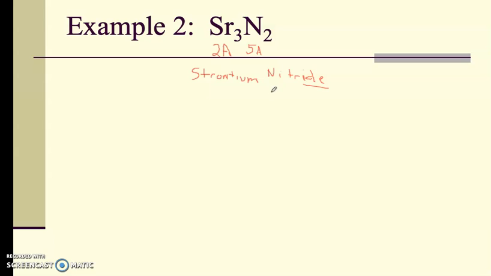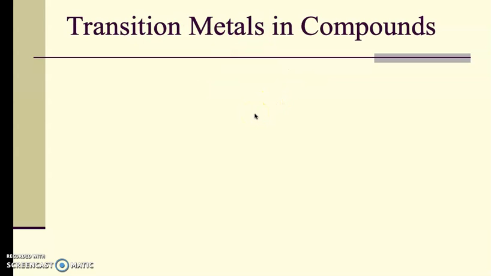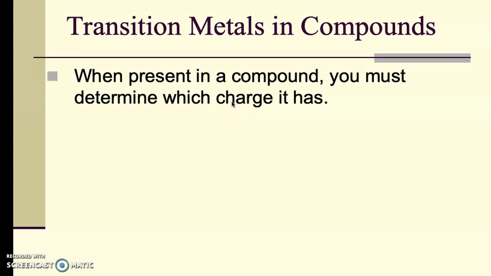Now let's look at another example, but we're going to start throwing in transition metals. When you see a transition metal in a compound, be careful. When present in a compound, you must determine which charge it has. Remember, iron's got 2 charges, copper's got 2 charges, manganese got like 5, so you need to know which one it is.